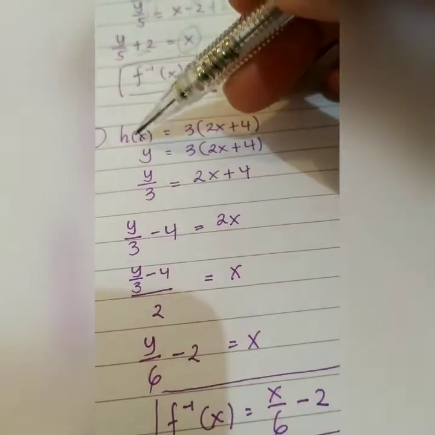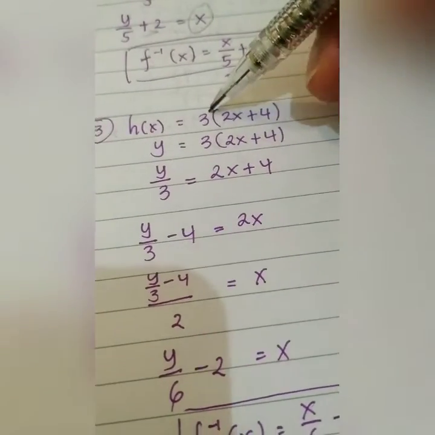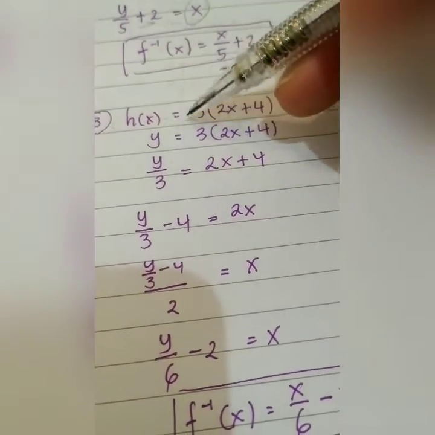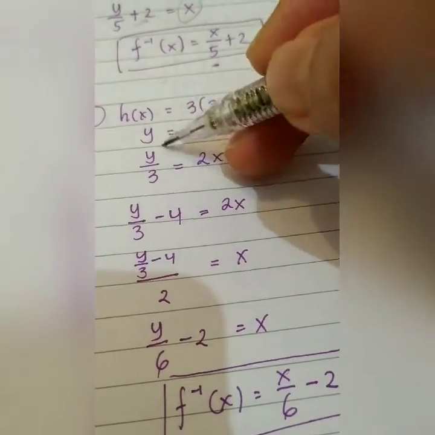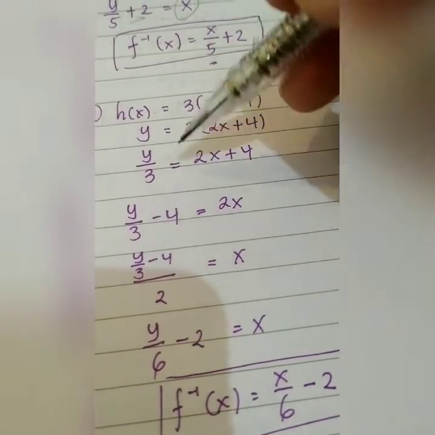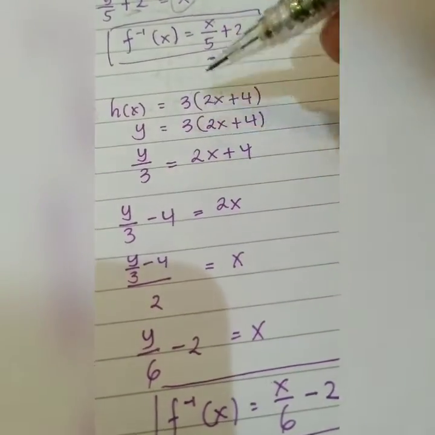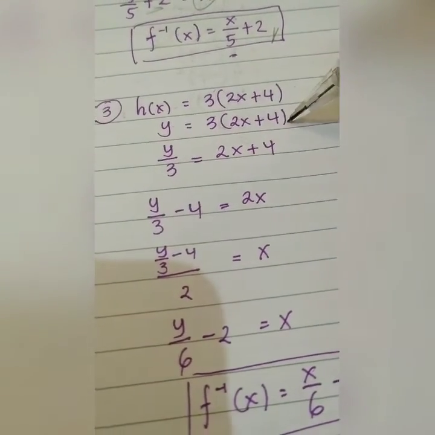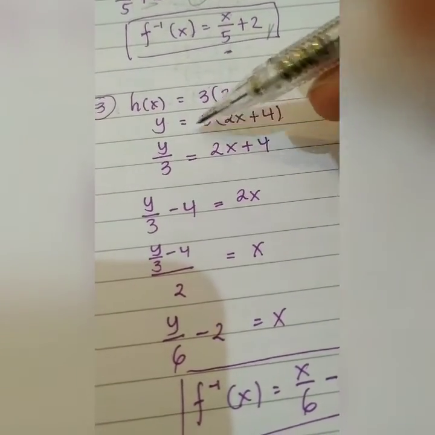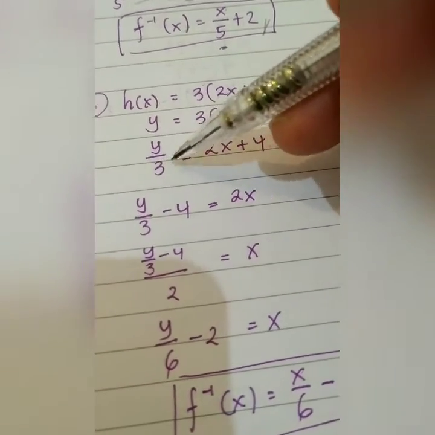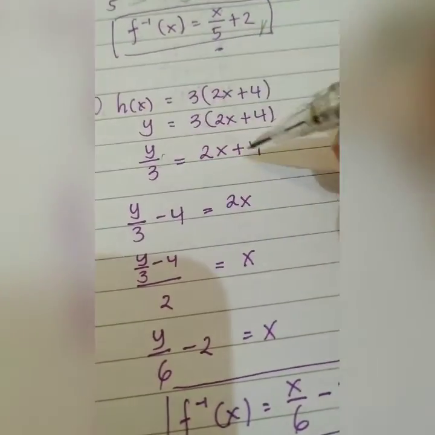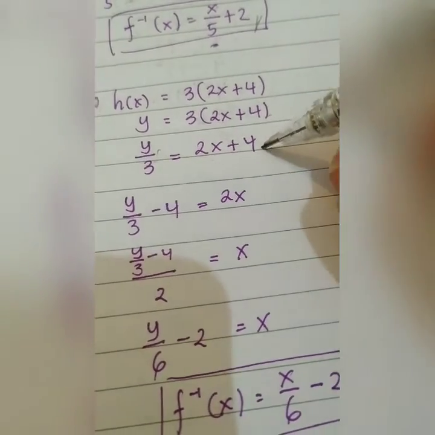Number 3, we have h(x) equals 3(2x plus 4). I choose the second method to find the inverse of this, so we change to y equals 3(2x plus 4). Then 3 we change here, changing the subject, so y over 3 equals 2x plus 4.